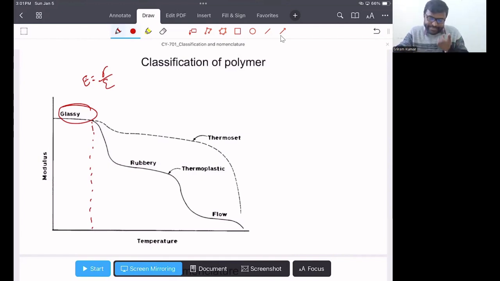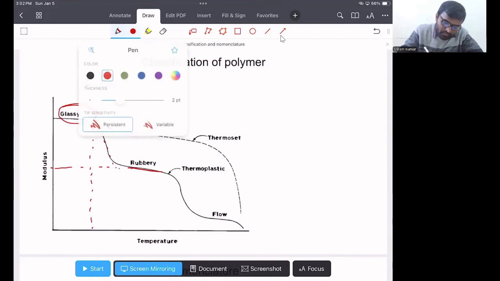And once we increase the temperature, what happens? There is a sharp change in the Young's modulus, and the material becomes rubbery. Earlier we had the glassy material, and once we supply heat, there is a sharp change in the mechanical properties, a decrease in the Young's modulus.